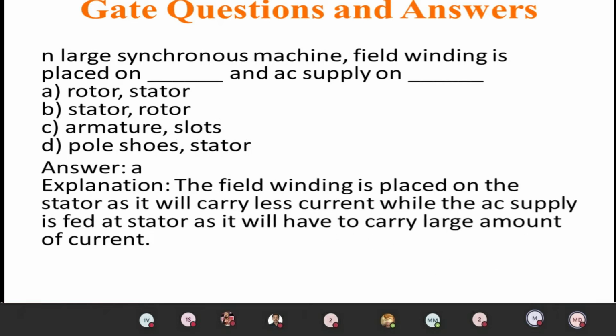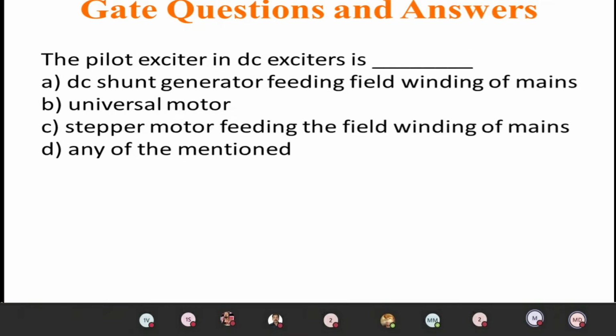So rotor and stator. Then pilot exciter. The pilot exciter in the DC exciter: option A, DC shunt generator feeding the field winding of the main. Second, universal motor. Third, stepper motor feeding the field winding of the main. D, any of the mentioned.